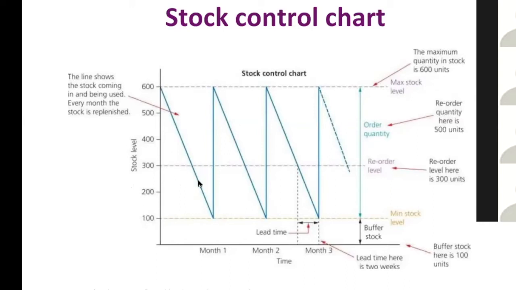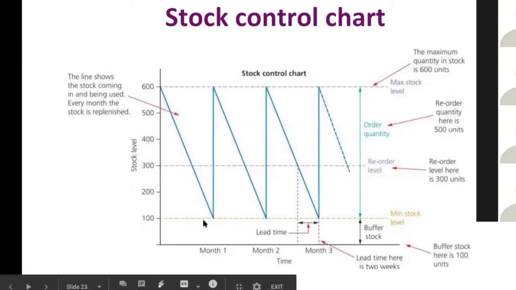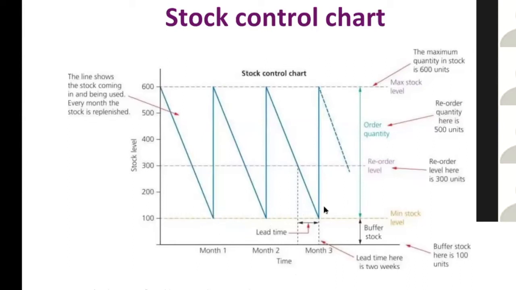And then we also need to remember when we reach 100, that's our buffer stock. We make sure our capacity utilization stops here. The reason is sometimes we don't have time to wait for your reorder to come in.